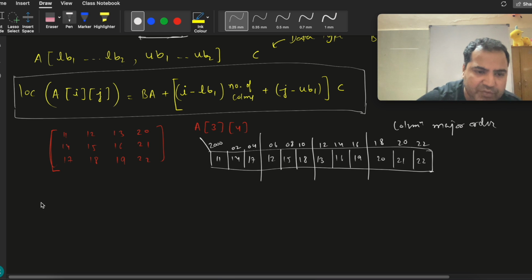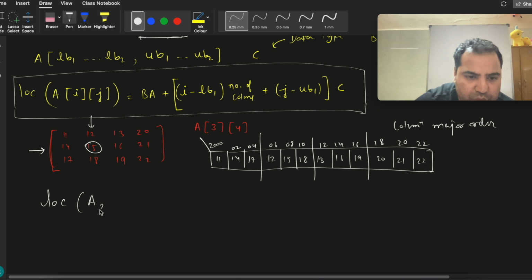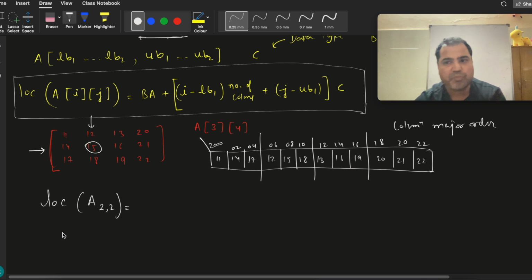So say if you want to check the location of the 15th element, right? This is in second row and second column, A2 comma 2, right? Now in this case, since it is stored in column major order, you have to skip number of columns, then each element in that column, right? The only difference is that. A22 is 15, this element, right?